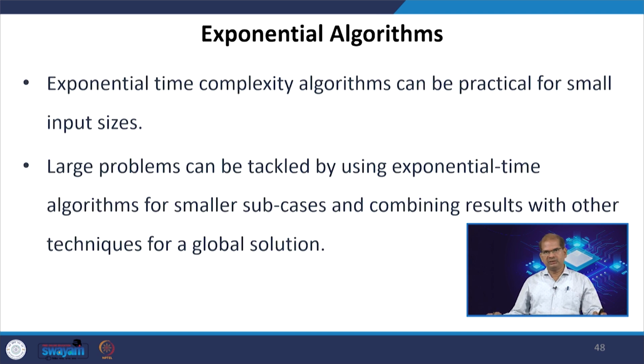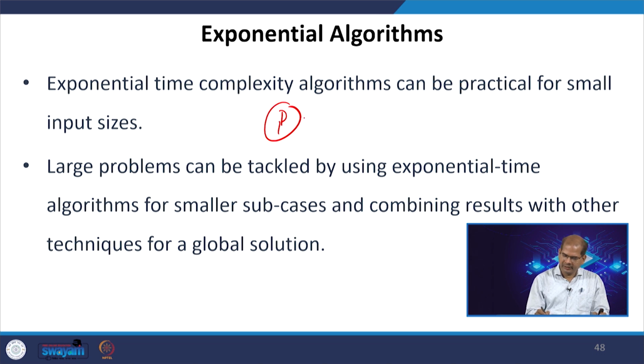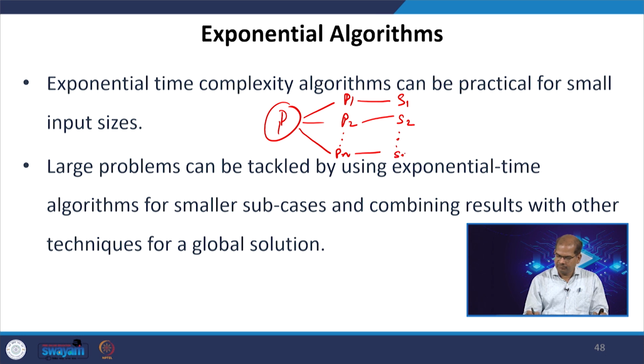In the case of exponential algorithms, we divide the problem into smaller sub problems, which are solvable in polynomial time. Let us say I have a problem P. I can break that into P1, P2, dot Pn, then I will find the solution of each one of them, S1, S2, dot Sn, in polynomial time, because the problem size is smaller.